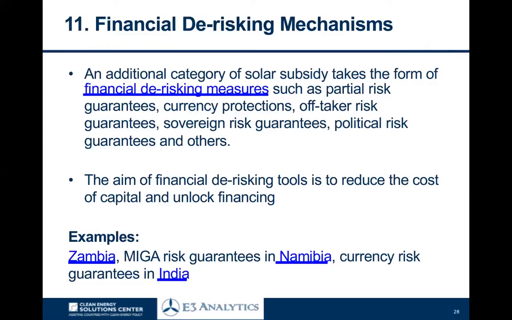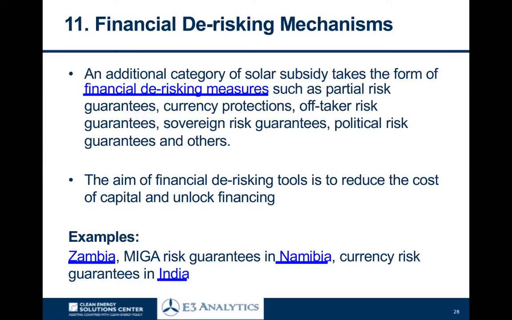It's also related to our low interest loans example from earlier, and captures elements like partial risk guarantees, currency protections or currency risk hedging instruments, off-taker risk guarantees, sovereign risk guarantees where the government itself steps in, or someone steps in on behalf of the government if there's a solvency concern, to essentially support the contract and provide banks and lenders, in particular, the security that the project will receive the cash flows it's been promised based on its output, and political risk guarantees, among others. So there's a whole bunch of different forms of guarantees and risk offsetting mechanisms that aim to de-risk the overall investment environment and thereby help unlock financing.